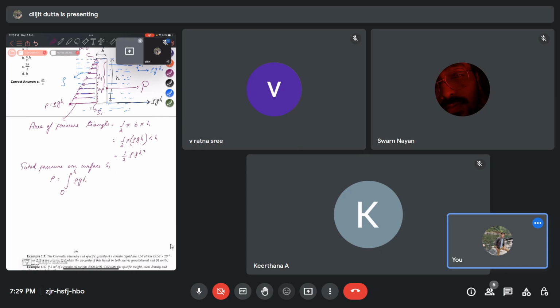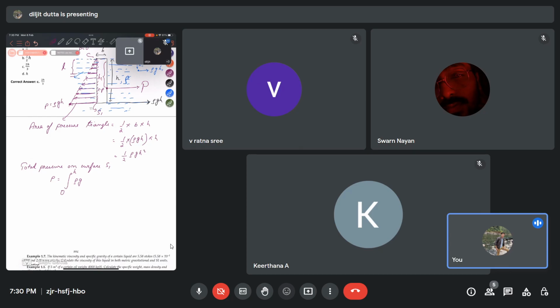Suppose we take this height as L, and this is density rho.